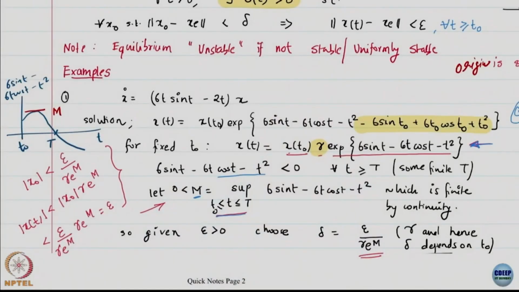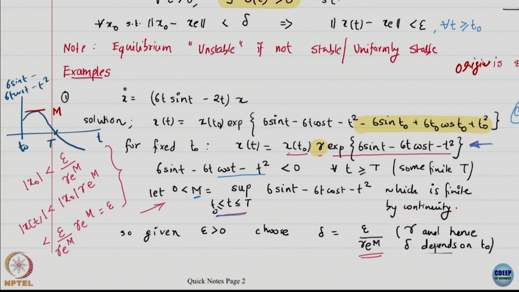If it is positive for only a finite time, it can only have finite exploration on the y axis; it can't just go to infinity and come back. So I define m as exactly this, the supremum over this time interval of this function, which is finite by continuity.